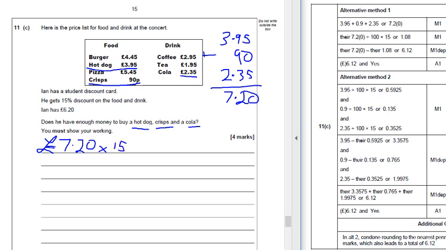I think I've told you in class that I always want my 15% like that, because to me it looks like a fraction, and when I see something like that, I want to times things together. So that times that, asking the calculator, it says it's £1.08, and I'm going to write the word off here. £1.08 reminds me that that is the amount that I want to take off the original.